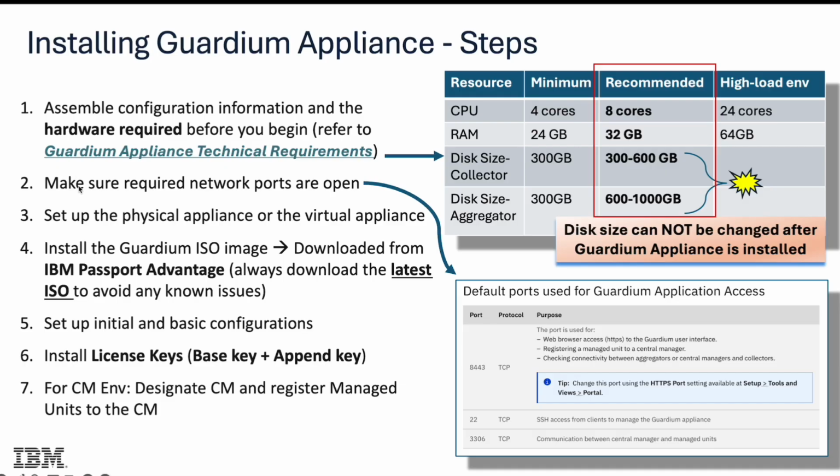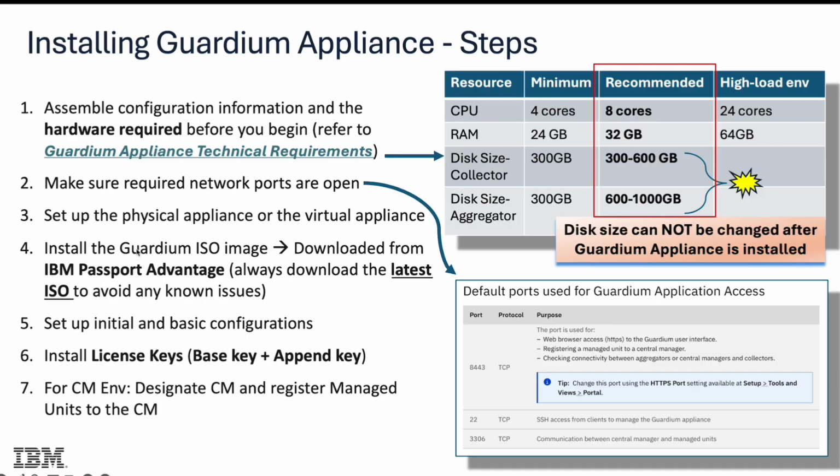Second, ensure the required network ports are open. For example, the default port 443 for GUI, SSH for CLI, and 3306 for MySQL. They must be open. Third, you need to set up a virtual appliance environment.